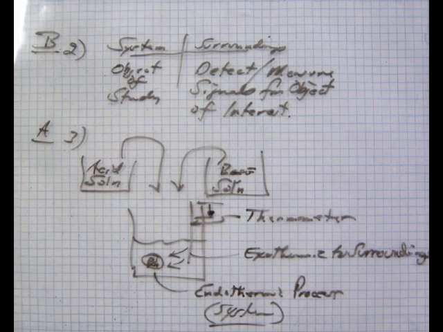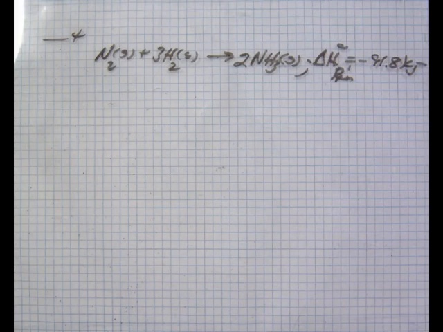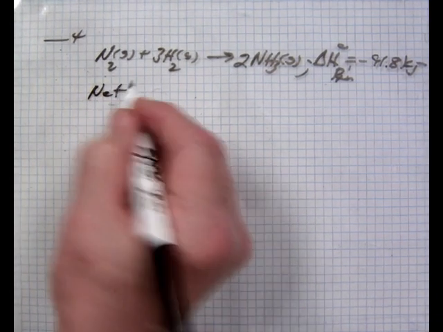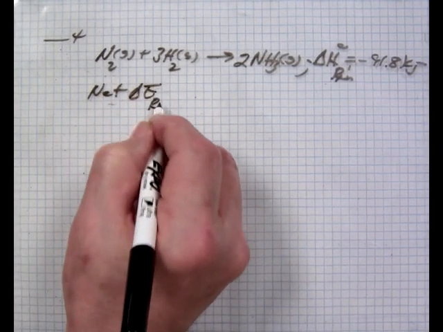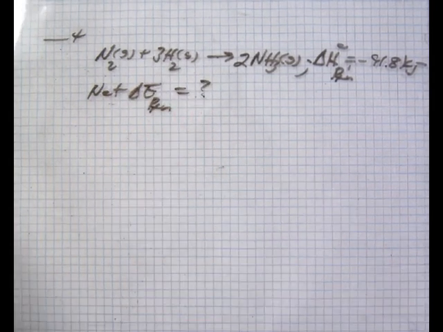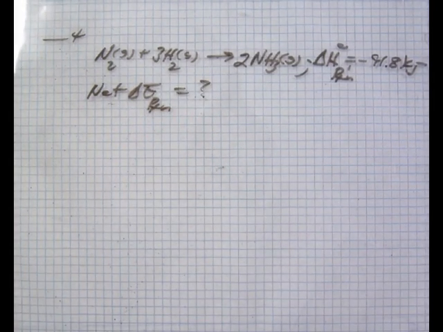Okay, so we look at this reaction as I've written it out, and the question is, the net energy change associated with this reaction would be blank, and the work would be blank. So I split it into two parts here.